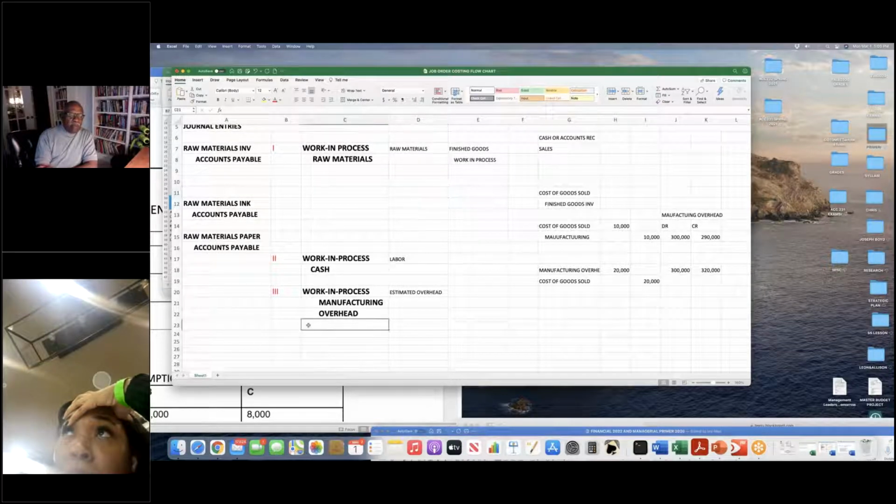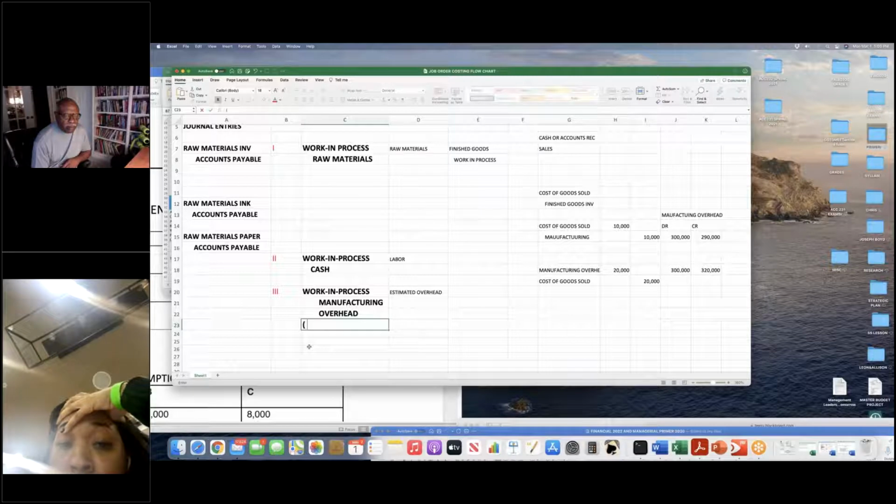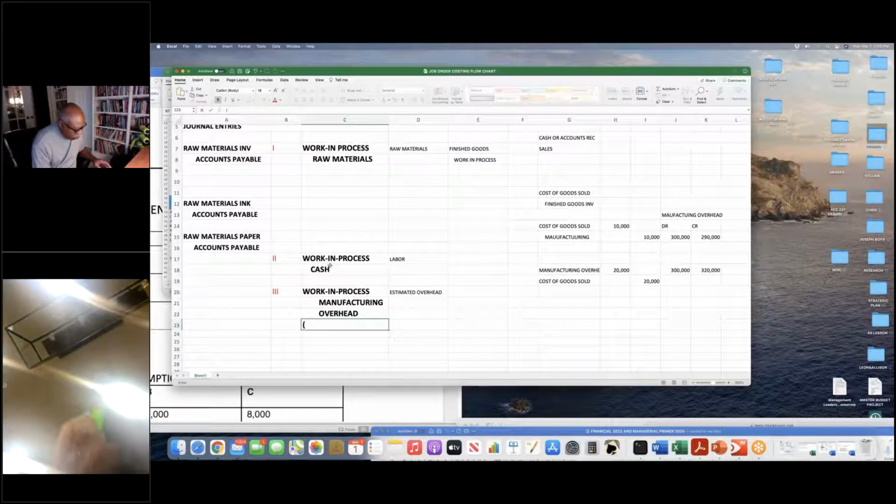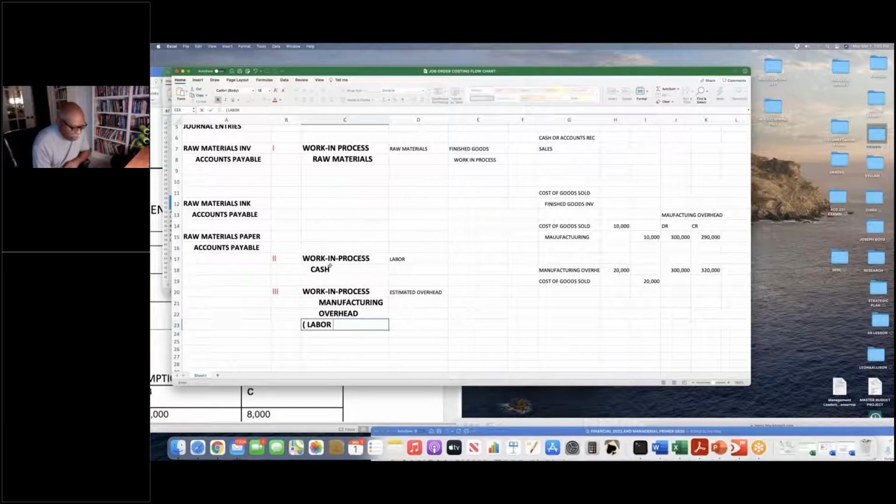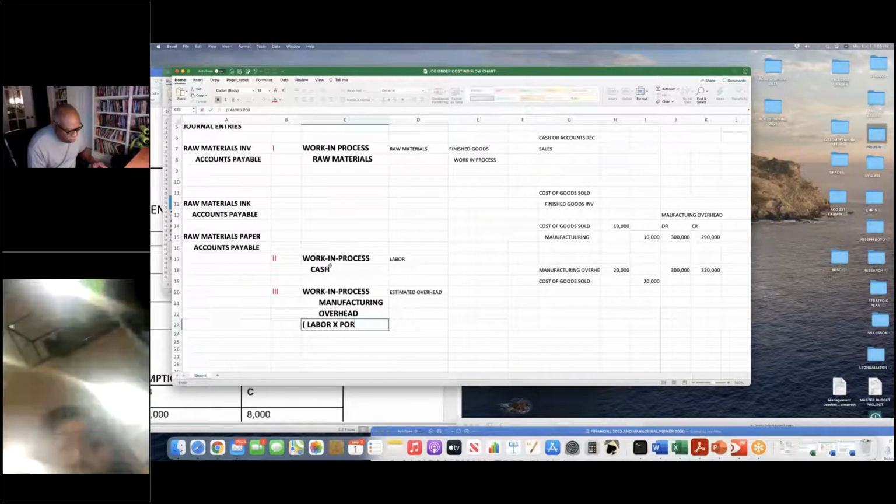And when we make this entry, we're going to multiply the labor hours, however many labor hours we had, times the POR. So this is where that POR comes into play.